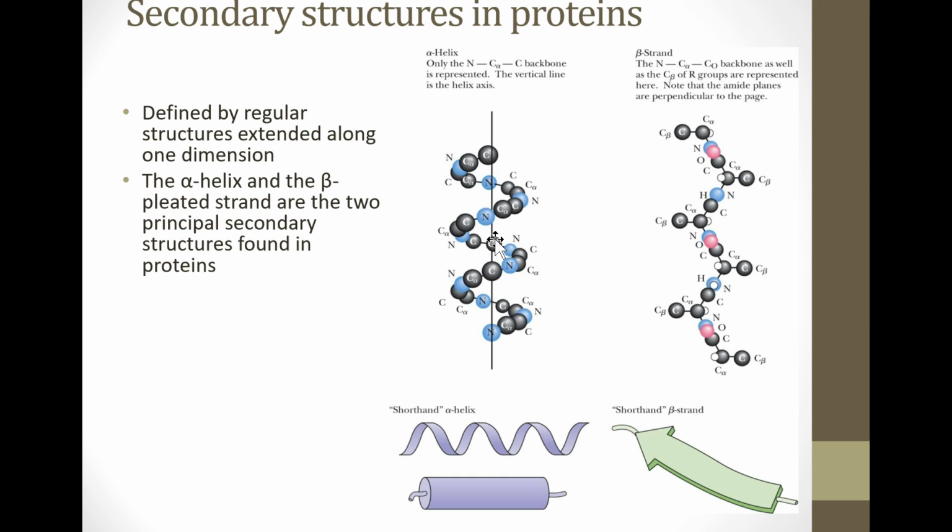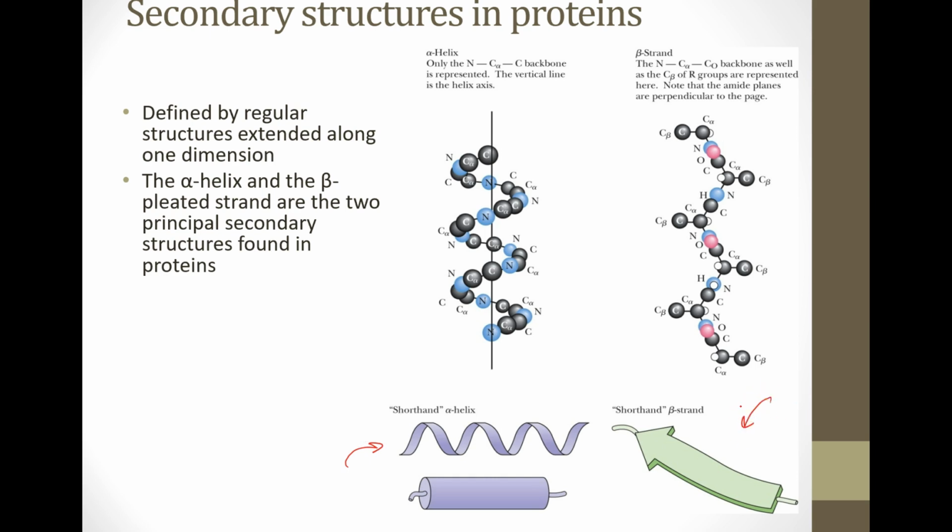So secondary structure. Secondary structure is defined by regular structures which extend along a single dimension. The two that we typically pay attention to most frequently are the alpha helix and the beta strand. So let me grab color here. We've got our alpha helical structures and we've got beta strands.